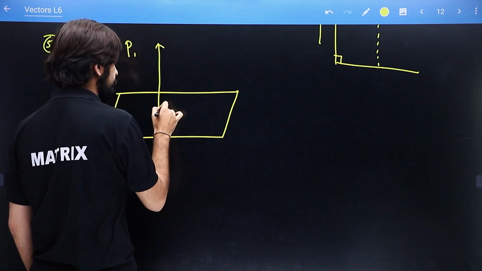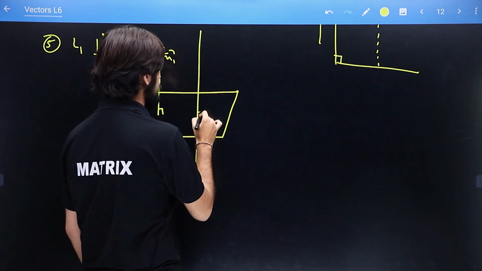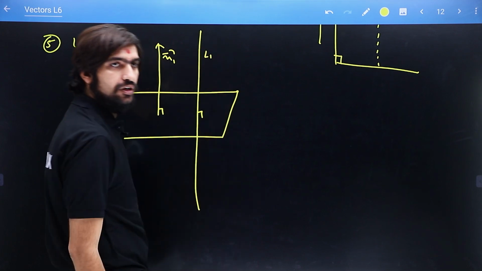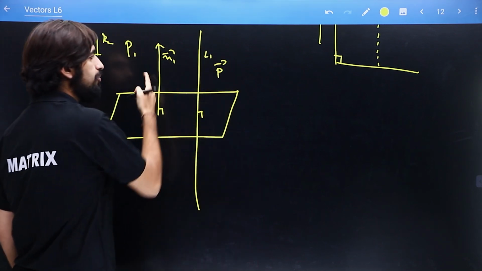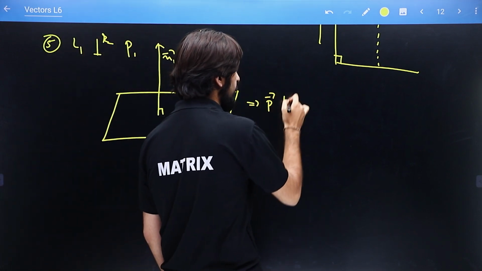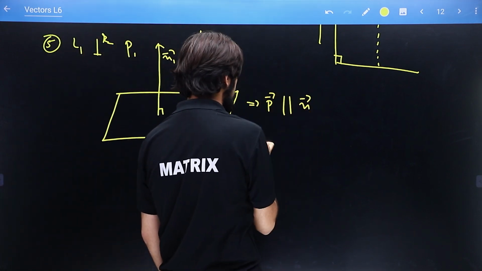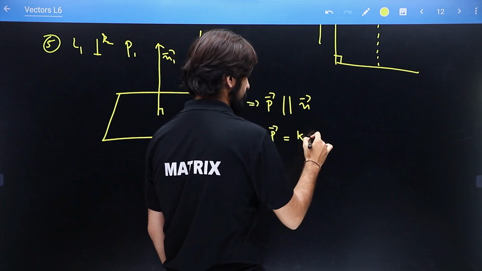This is your normal N1 vector. And this is your line, which is also perpendicular, L1. The direction of line is given by vector P. So vector P and N1 are parallel. So what you can write? That vector P is parallel to vector N. So vector P is equal to, this time I will write K1, vector N.